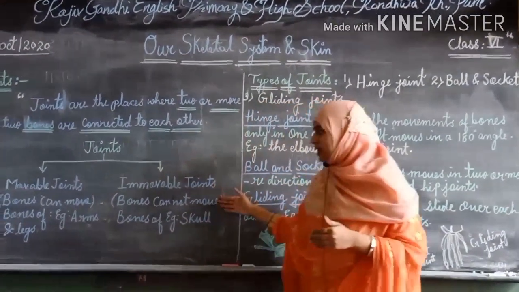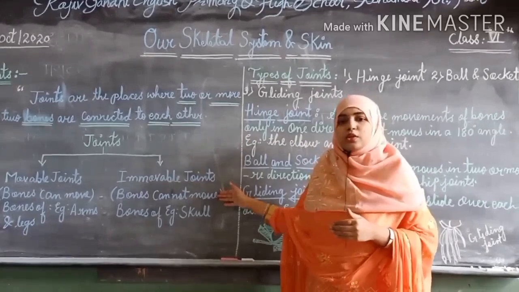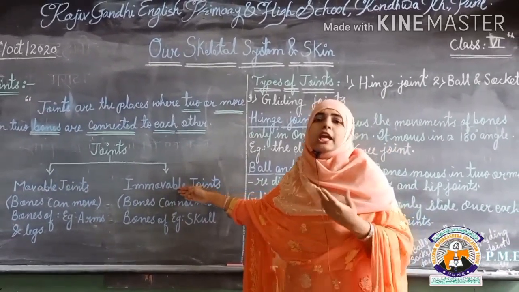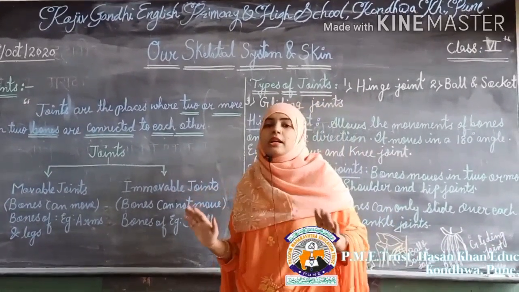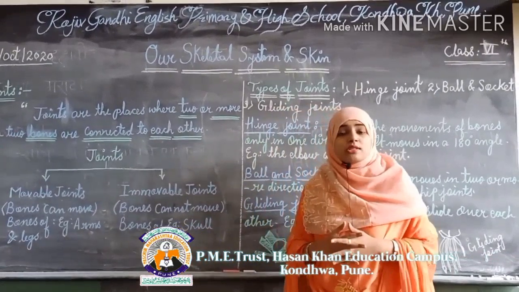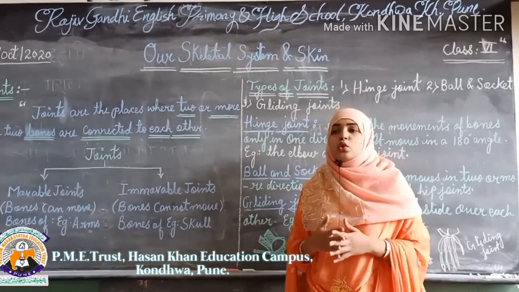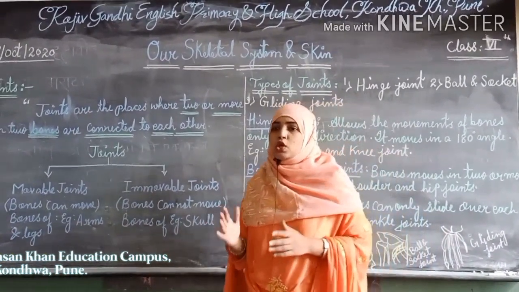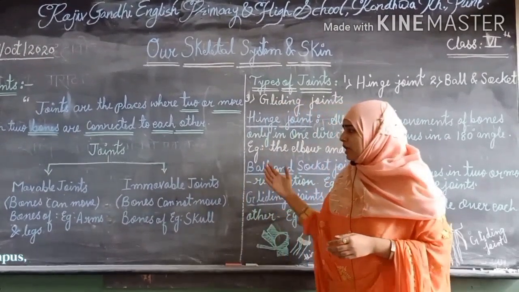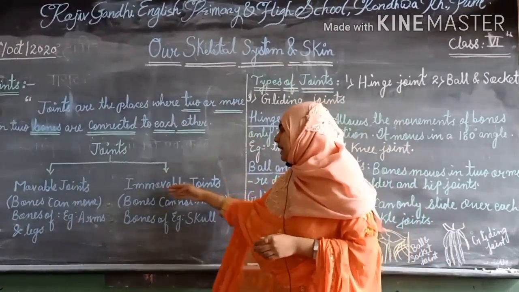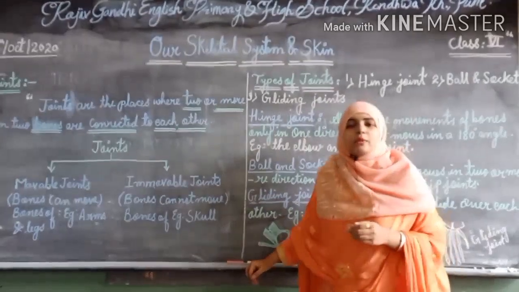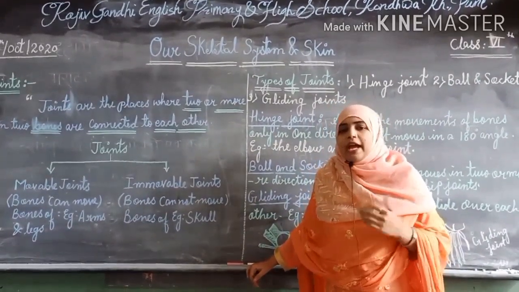Now come to the next, immovable joints. As the name indicates, immovable, the bones can't move. Which bones are those? Those bones that do not move. So basically the name indicates immovable, they can't move anywhere.